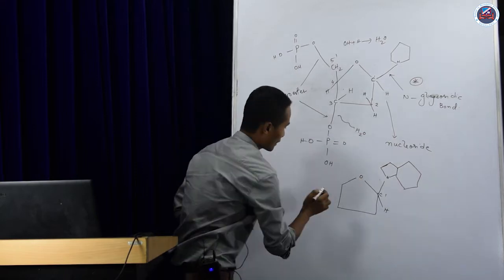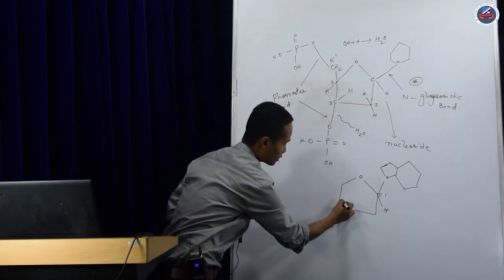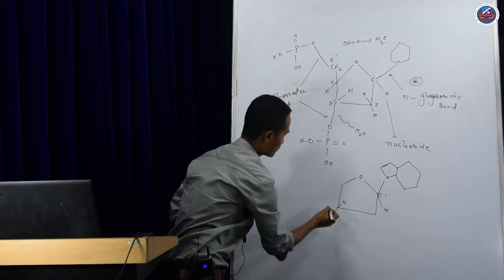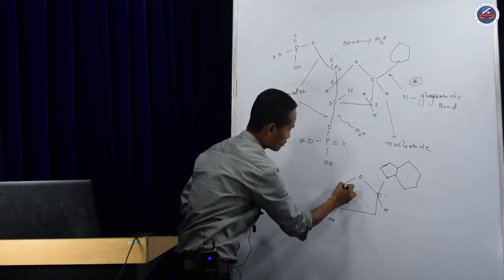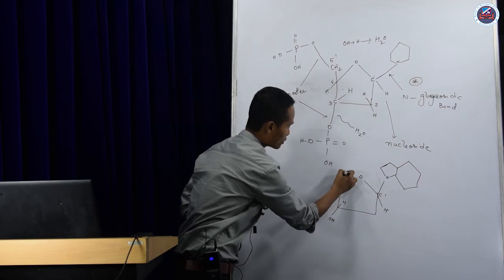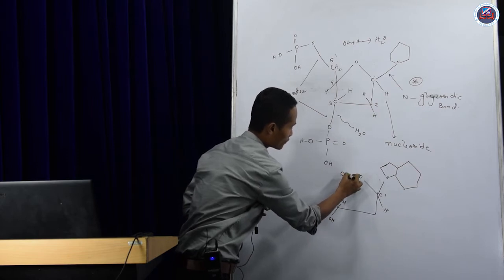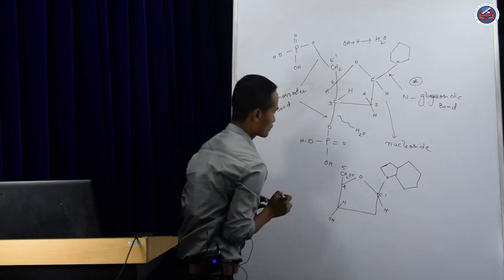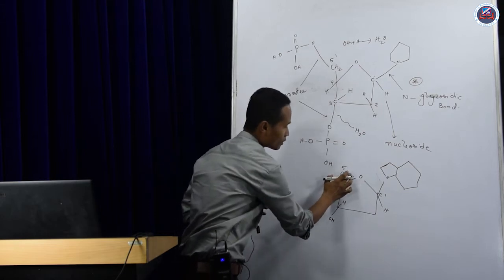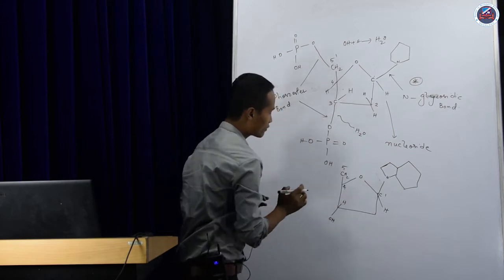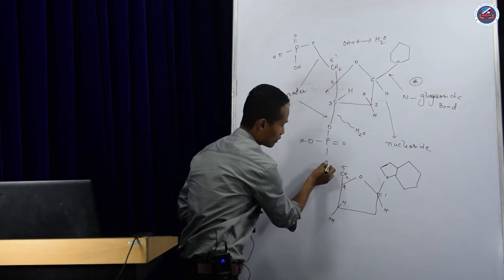This is carbon number 4, and this position will be carbon number 5. Same thing, they will take OH from carbon number 5 and H, and form a bond.